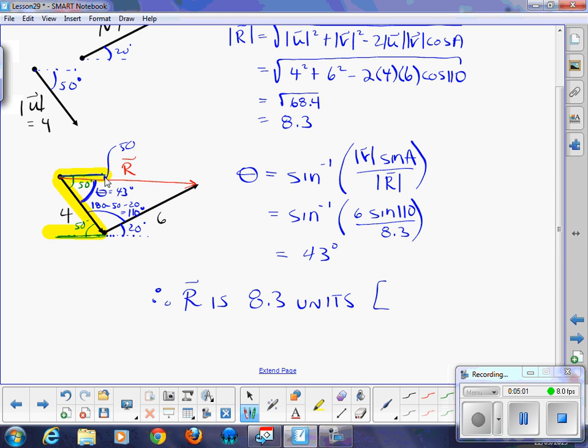That little angle in there is going to be the 50 degrees. Take away what we just found, 47, and we find it's 3 degrees below the x-axis, or the east. So if you face east, and then you rotate 3 degrees toward the south, you are facing in the direction of the resultant.